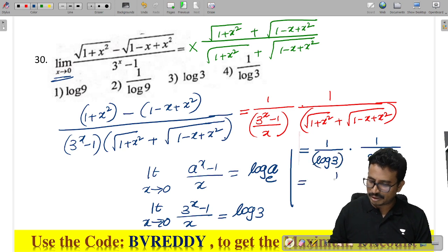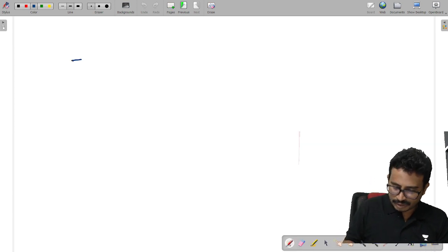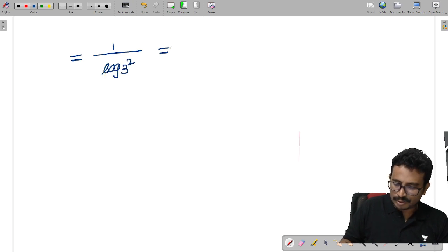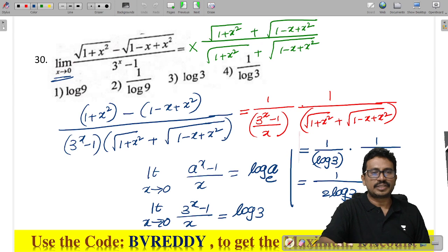So the answer is 1 by 2 into log 3. That means the final answer is 1 by log 3 square, which is equal to 1 by log 9. This is the final answer.